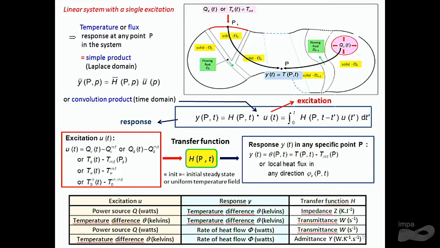If it's a power source, Q in watts, and a rate of heat flow, for example on a surface, it's also a transmittance. Transmittances have units of hertz, the inverse of seconds. And if the excitation is temperature difference and the response is a rate of heat flow, using exactly the same vocabulary as in solid mechanics or in electricity, we can call it an admittance Y.